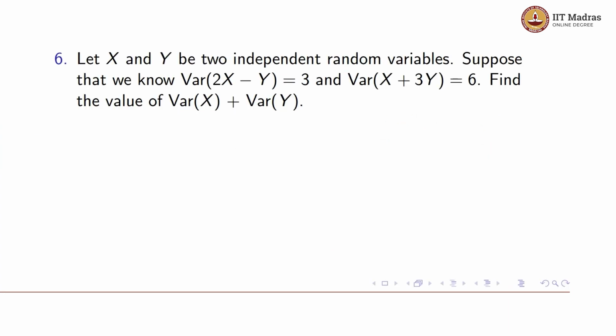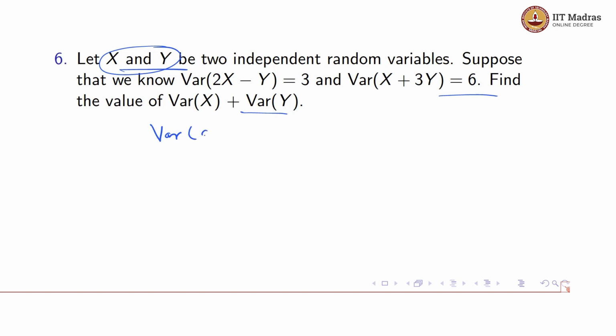Moving further to the next question: let X and Y be two independent random variables. Suppose that we know that variance of 2X minus Y is 3 and variance of X plus 3Y is 6. Find the value of variance of X plus variance of Y. We are given that these two random variables are independent, so we know the properties when they are independent.